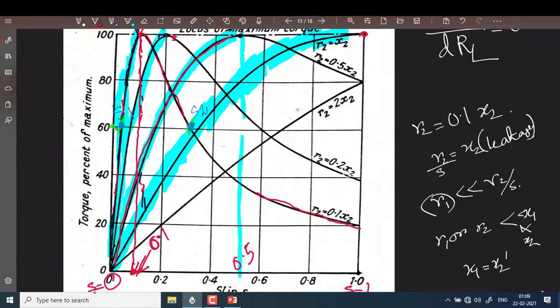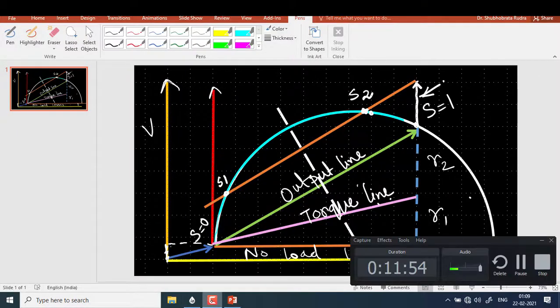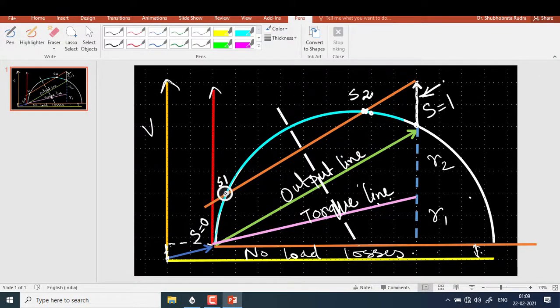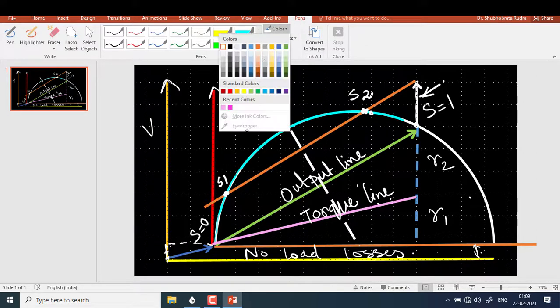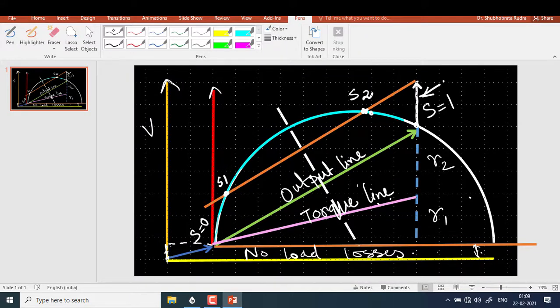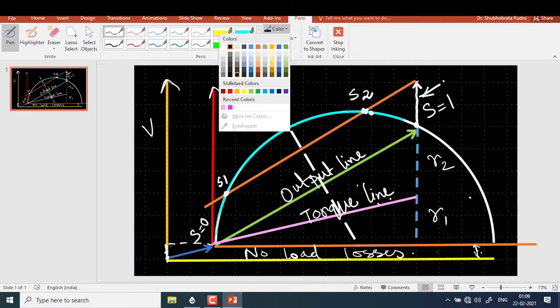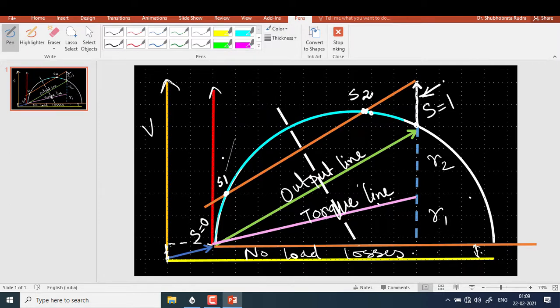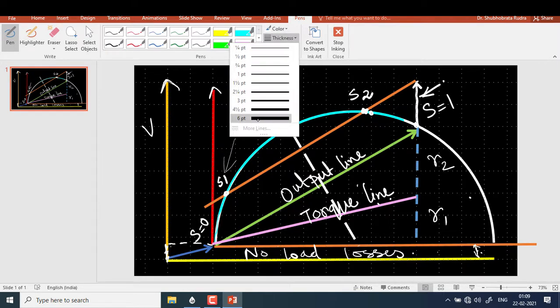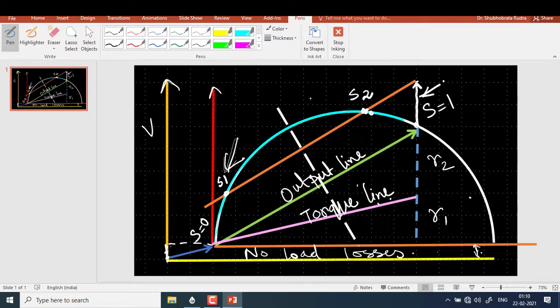This is very important, and with that we can figure out which one is stable. S1 is our stable operating point, and S2 is an unstable point.